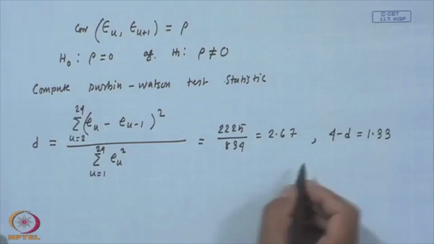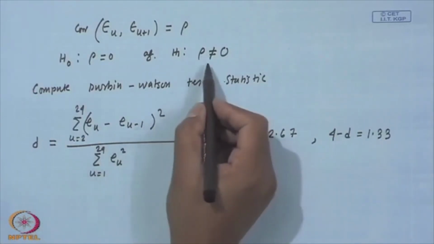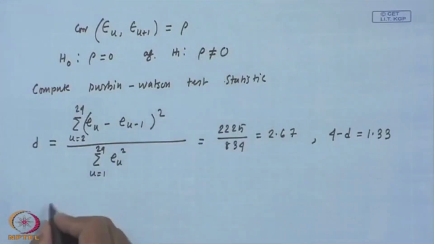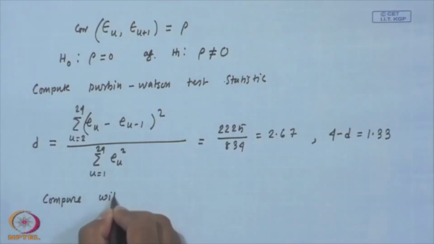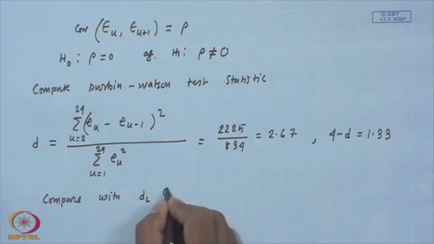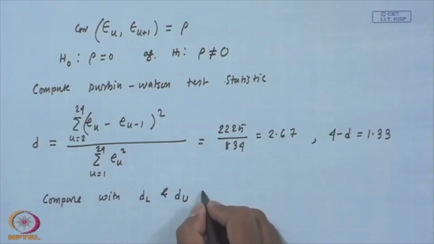For testing this two-sided alternative, we compare this d value with dl and du, and these values you will get from the d table.